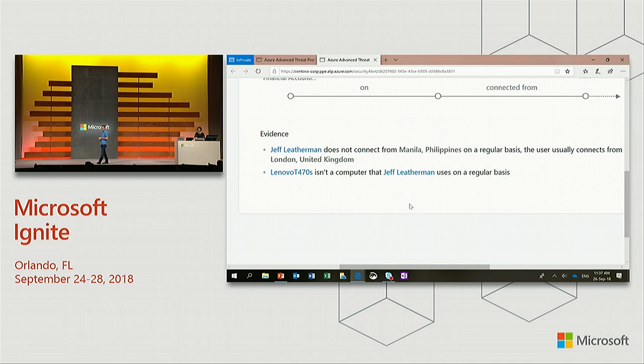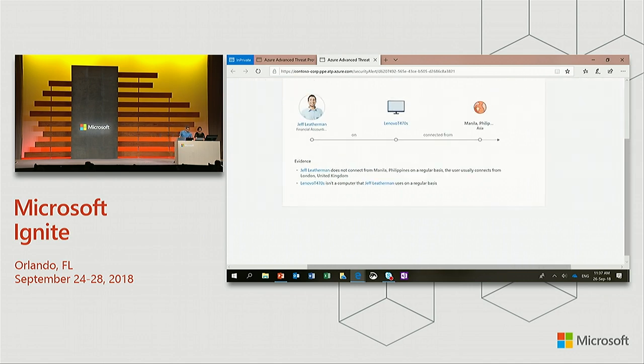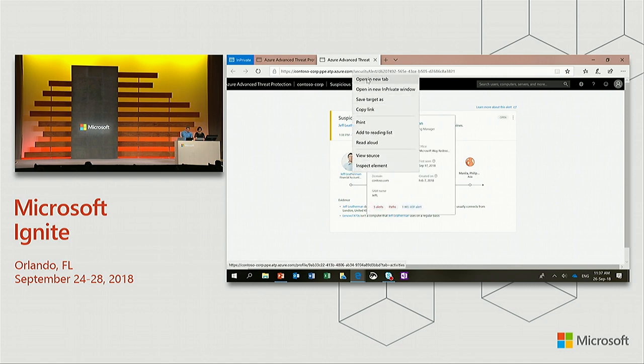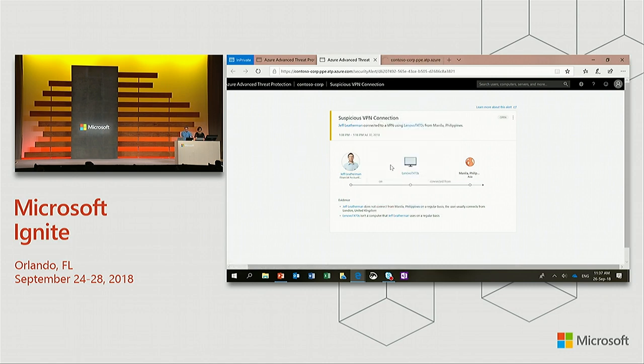Azure ATP has raised this alert because of two things. First, we see that Jeff Lederman normally doesn't connect from Manila, Philippines. Second, we see that Jeff connected from a computer named Lenovo T470S, and usually we haven't seen Jeff connecting from that before. So one plus one, plus everything that we know about Jeff, is triggering this alert.